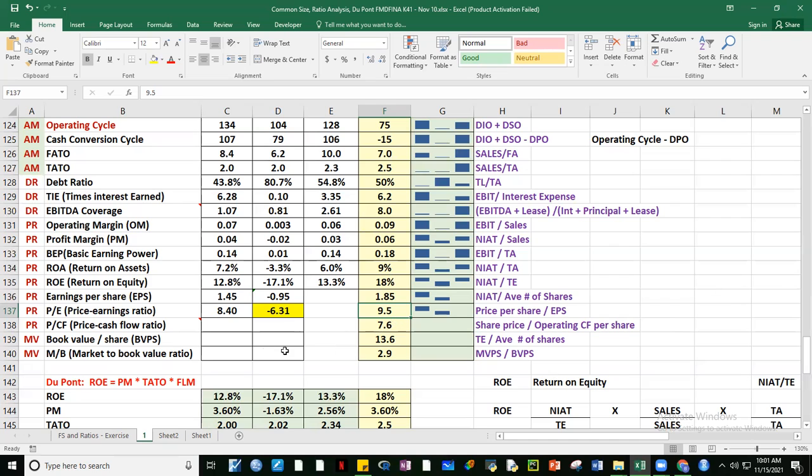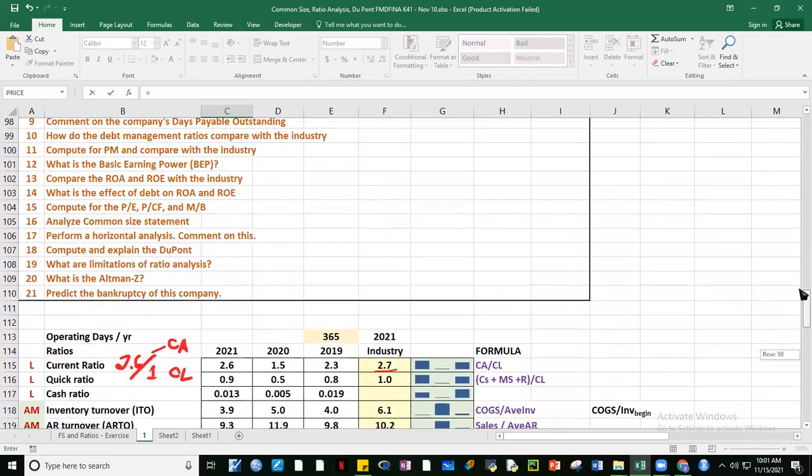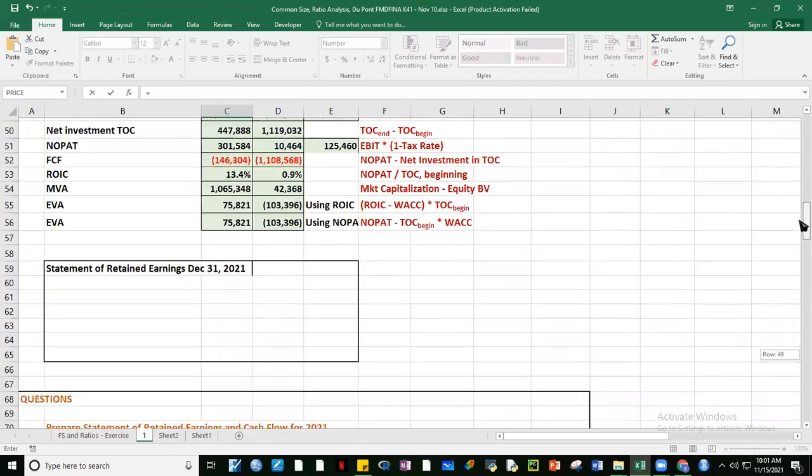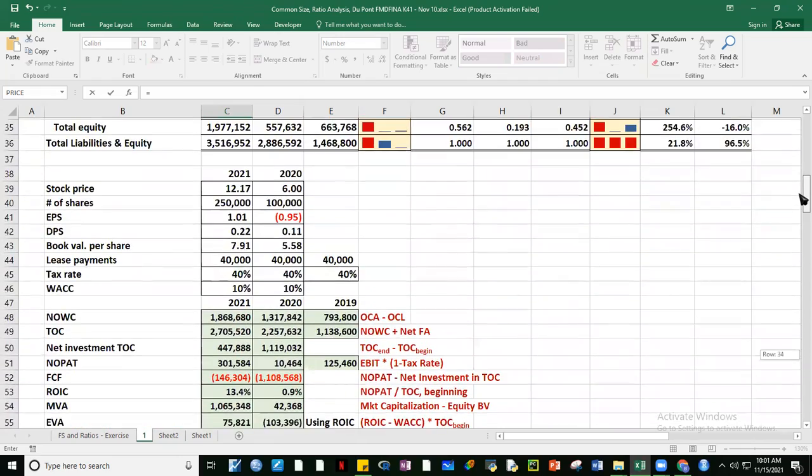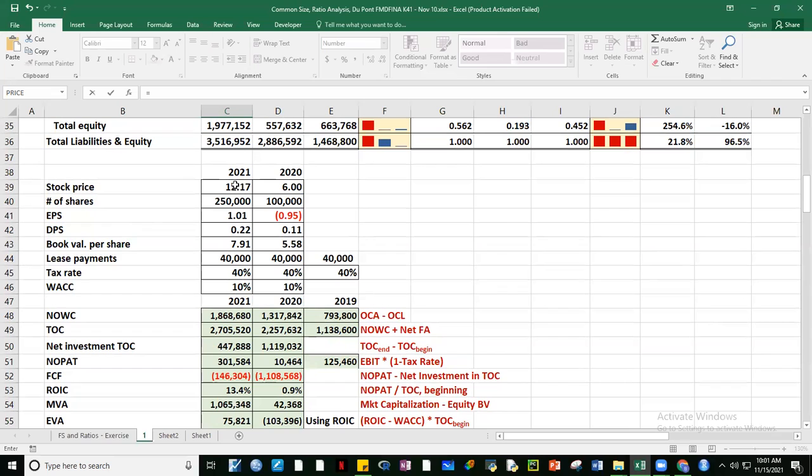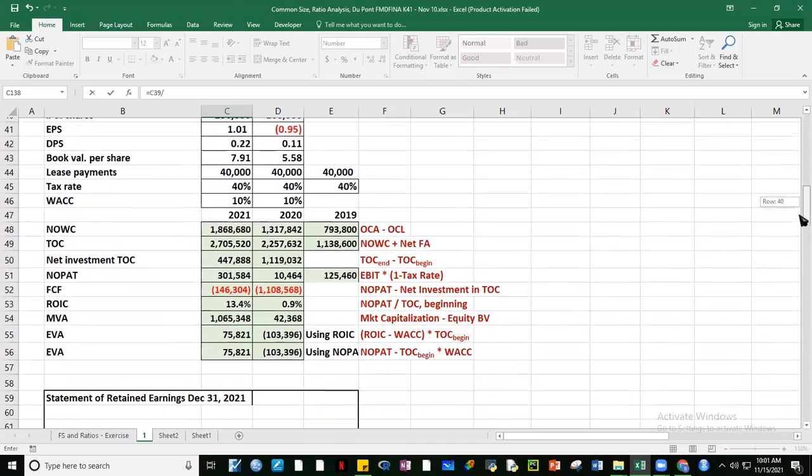Okay, and then last, guys, price to cash flow. So that's share price divided by operating cash flow per share. So this is equal to our share price here. Share price. Okay, this one, divided by operating cash flow now.